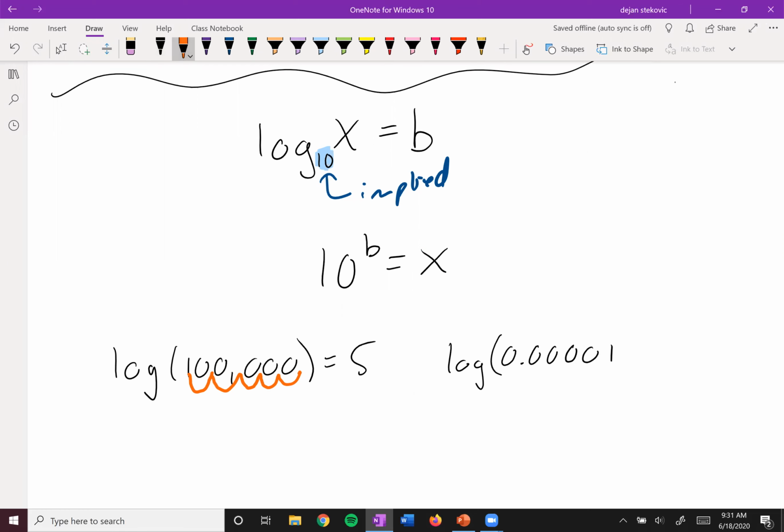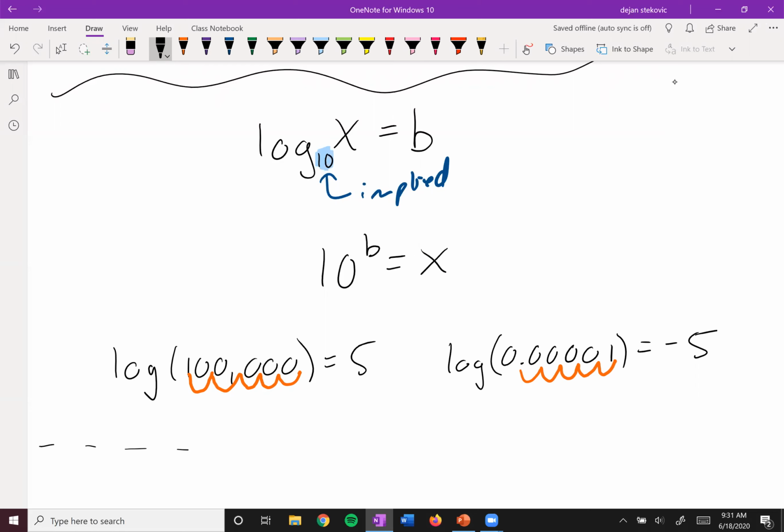If we want to get just one number in our ones place, we would move this decimal spot 1, 2, 3, 4, 5 places over. And so you'd get a -5 because we're moving the decimal to the right. So it's just a way of quantifying big numbers, right? Instead of saying 100,000, we can just say 5.